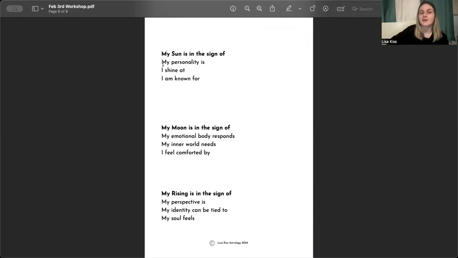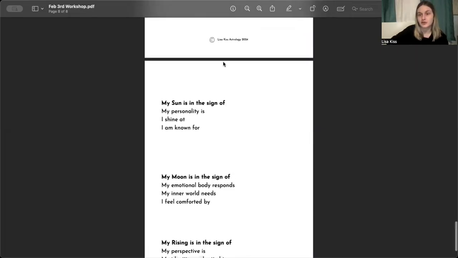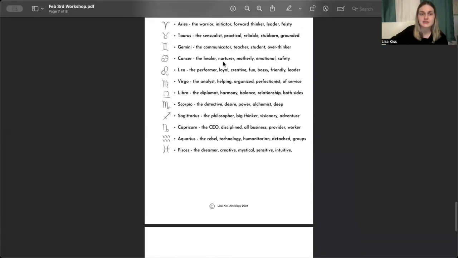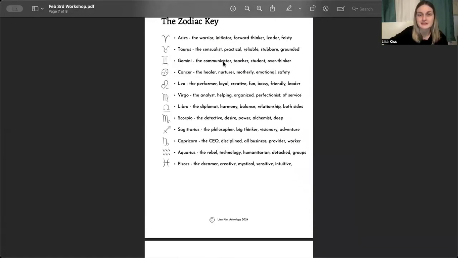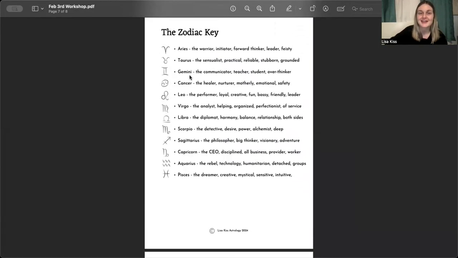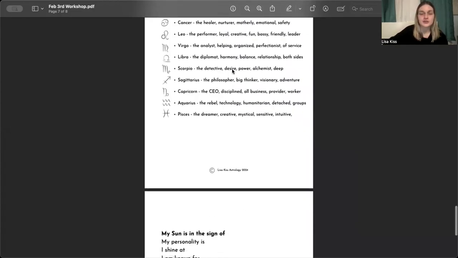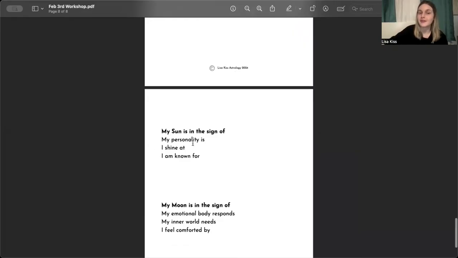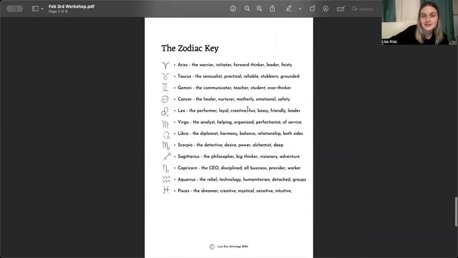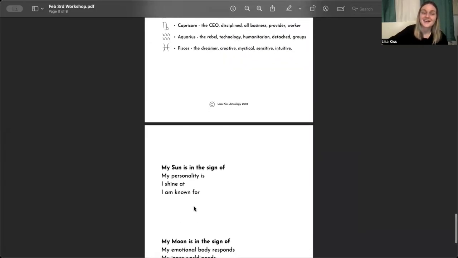So I have here my personality is, so I go to Gemini. And you can listen to me doing this, or you can totally just do your own thing here. But so my personality is the communicator. Super simple. Okay, cool. I shine at overthinking. That could be like a big joke, and I say astrology, we keep it very empowering, but we can say that's a little joke for myself.